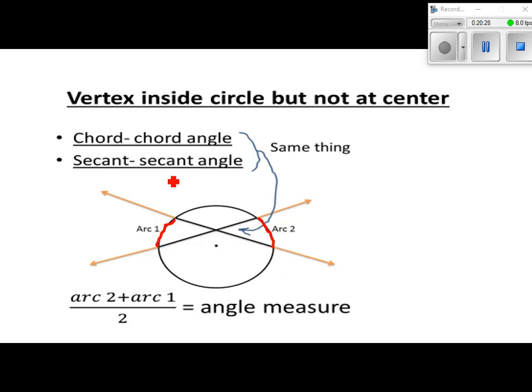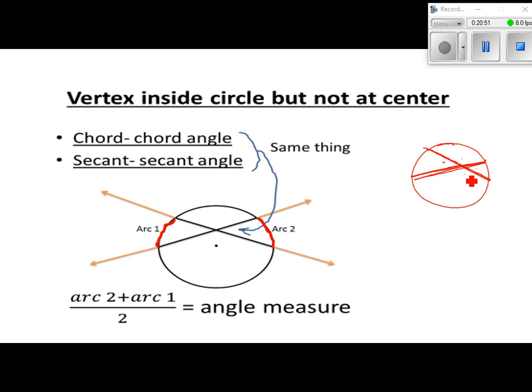Next one, chord angle. Chord angle means you're taking a circle and you're drawing an angle with 2 chords. So we're drawing something like this. We're drawing 2 chords in the circle, and we could be dealing with any of these 4 angles.